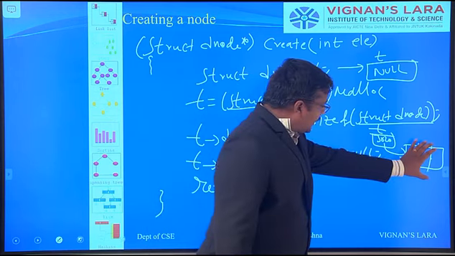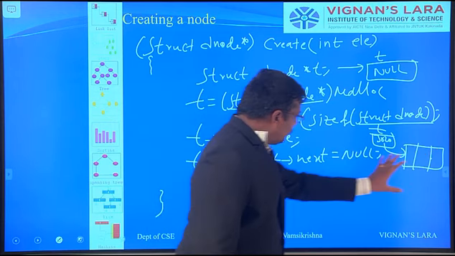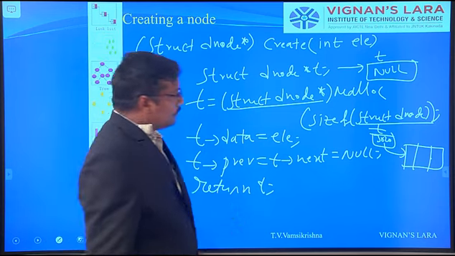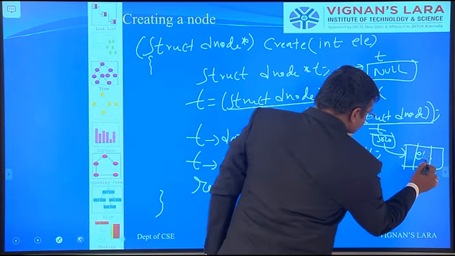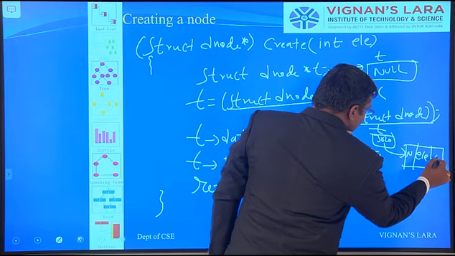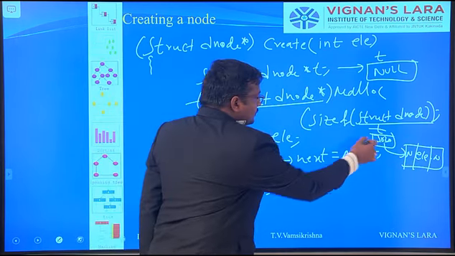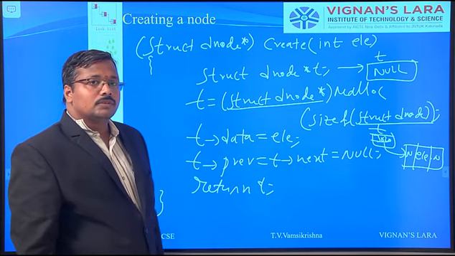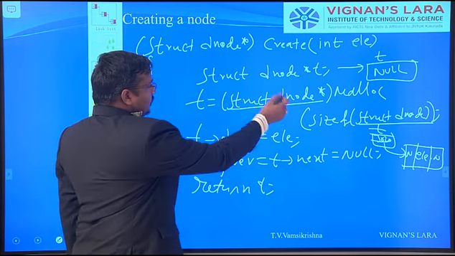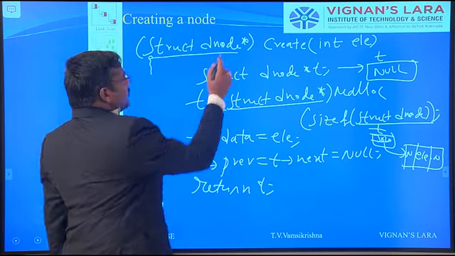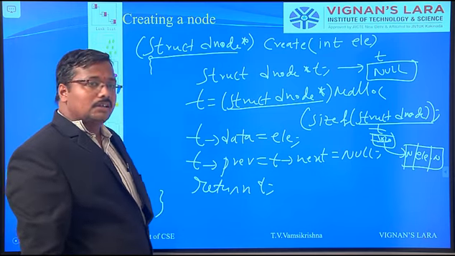Once we allocate the memory to that node, we initialize the values in the node. Here we store the element, and here we store null. So we return this address 3020. What kind of address is it? It is a struct dnode star type of address. That's why the return type is struct dnode star.